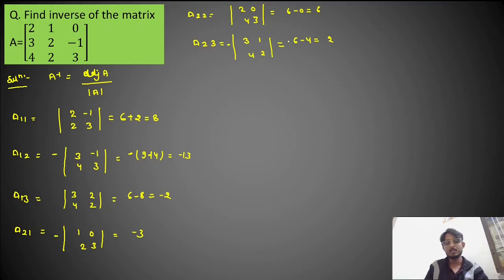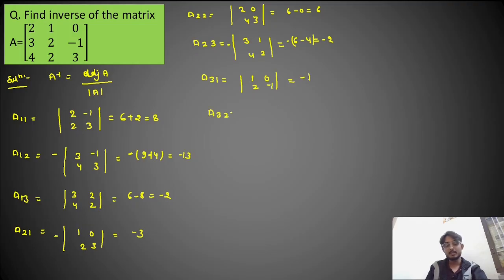And here the sign will be changed, so here minus 2. Now A31 means eliminating the third row and first column. When you eliminate the third row and first column, 3 plus 1 equal to 4, the sign will not be changed. So we'll get 1, 2, 0, minus 1. 1 1 is 1 and 2 into 0, 0, minus 1.